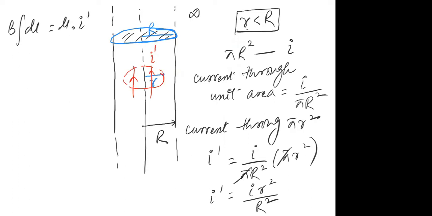Okay, Joanna, what I tried to tell you is that the whole pi r square area contains a total current of I. So what will be the current in unit area? This is the unitary method.